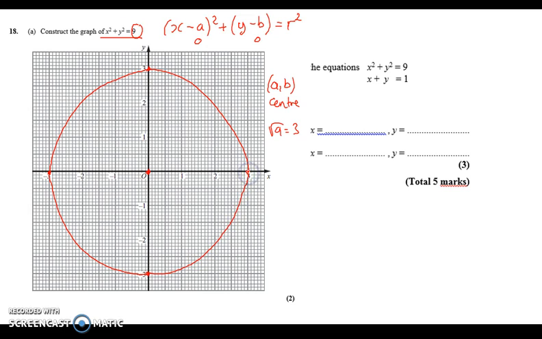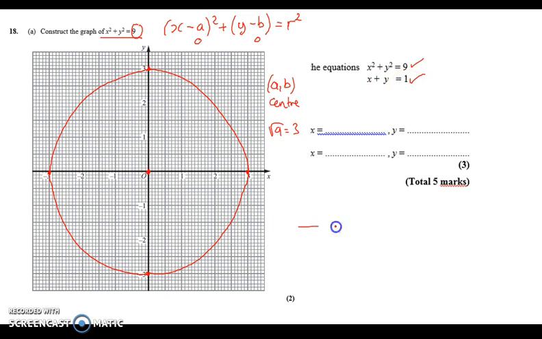Something like this will appear with your compass, and then you're supposed to work out the solutions when another equation meets your circle. So we've done the circle, we've done this one. Now the next equation is x plus y equals 1. So all you need to do is plot points where the x value and the y value add up to 1.